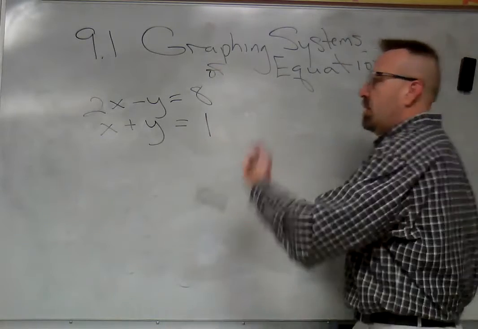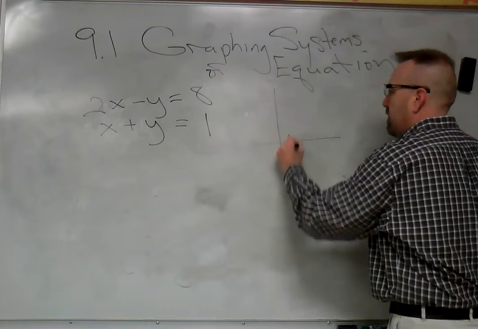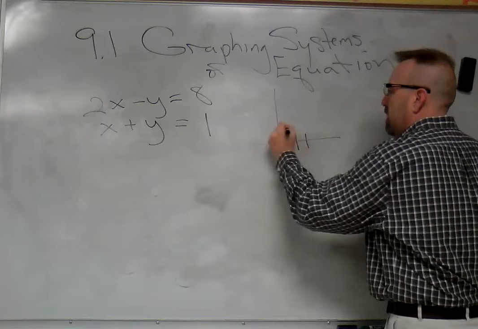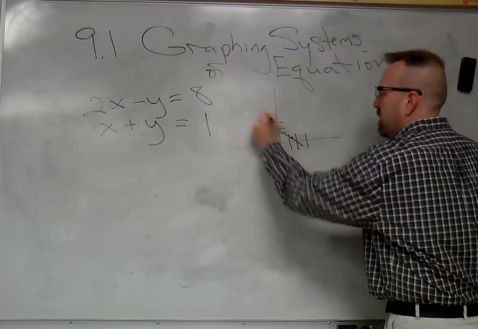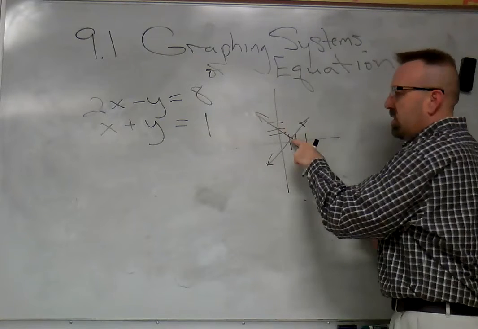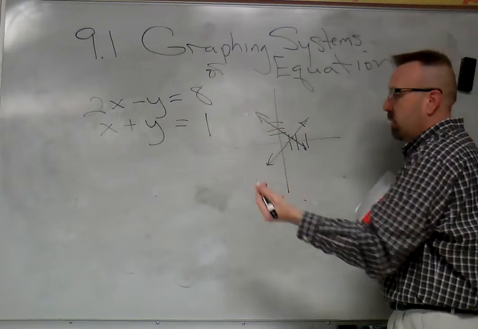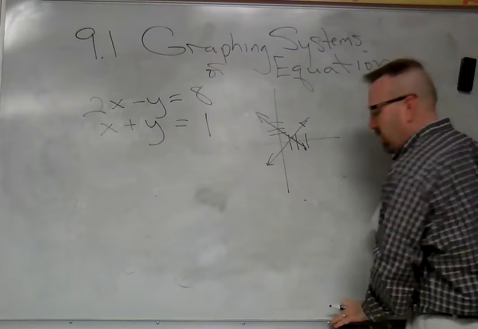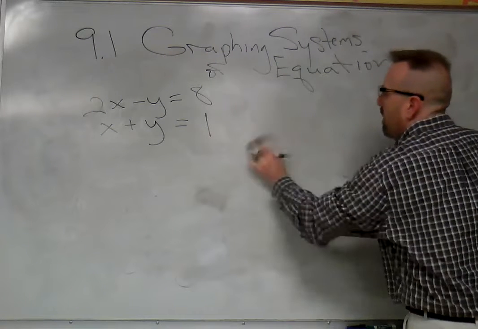Let's say we get decimals or fractions for answers, and our point where they cross is in here. It's not the easiest to see on a graph, well, maybe that's 1.6, maybe that's 1.7, maybe it's 1.